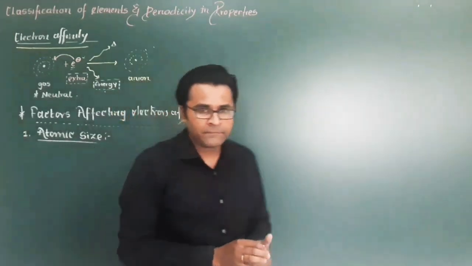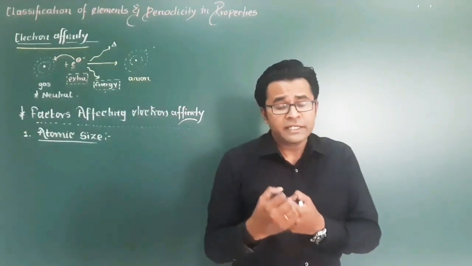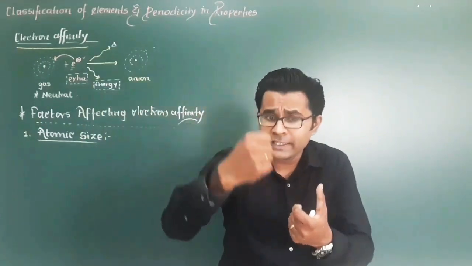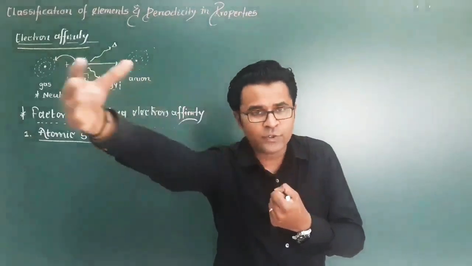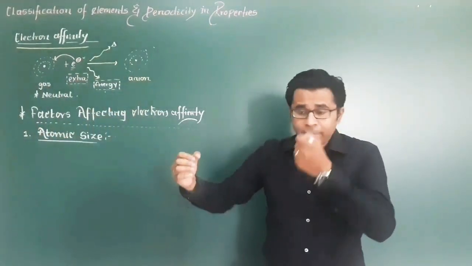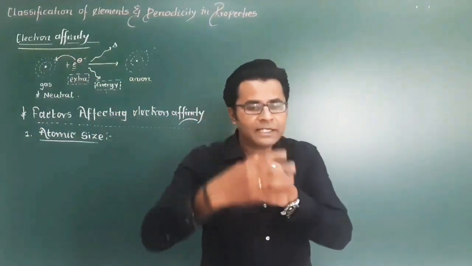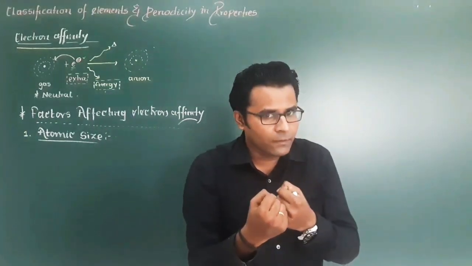Now, try to remember: in electron affinity, the electron is going to enter the system, and as it enters, the energy is going to be expelled, right? So it all depends upon how well our nucleus is going to accept the electron.